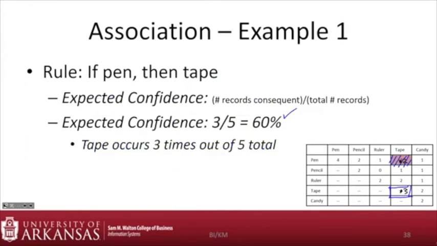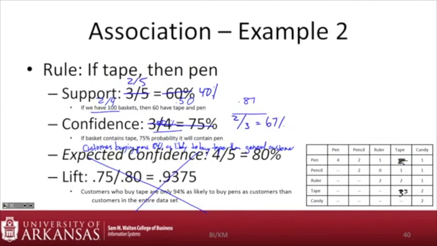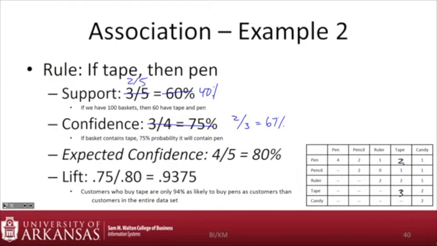So here we had 50% confidence. Here we have 67% confidence. So the confidence can change depending on the order of your antecedent and your consequent. That is the big take-home message that I tried to do that didn't come across well in slides.